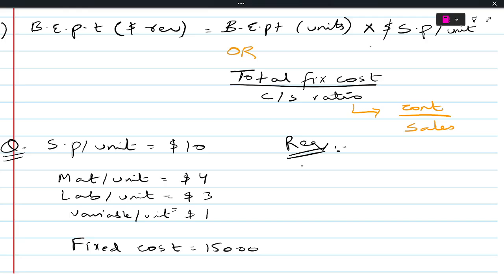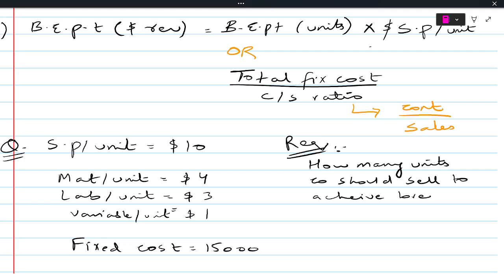You are required to calculate how many units the company should sell to achieve break even.